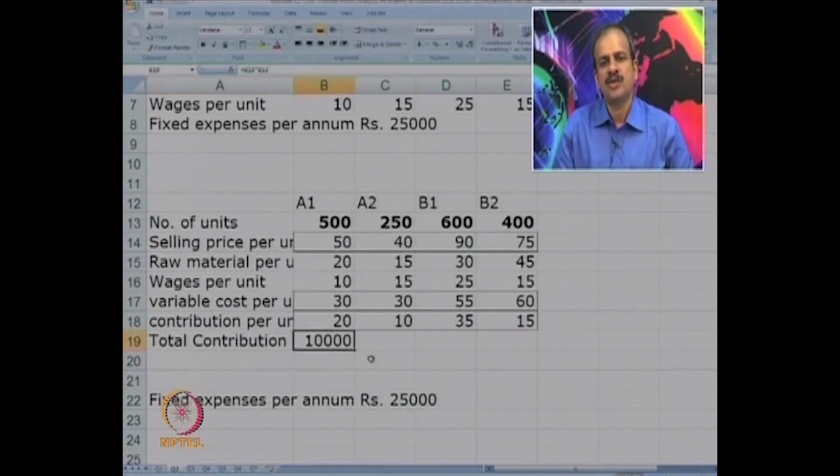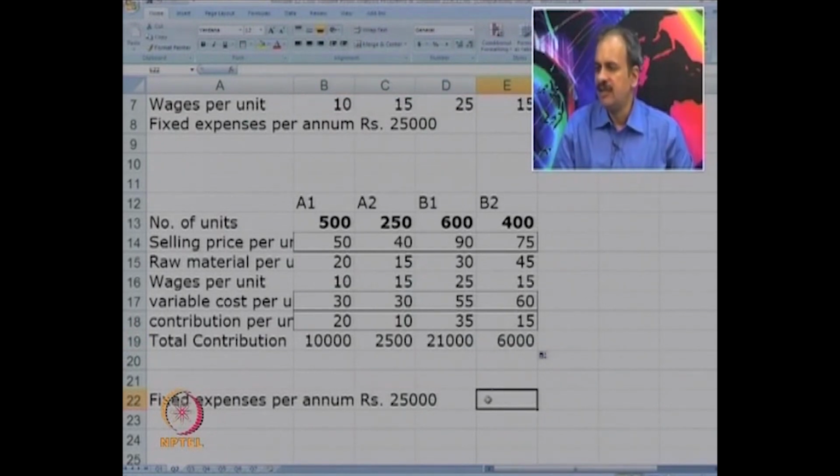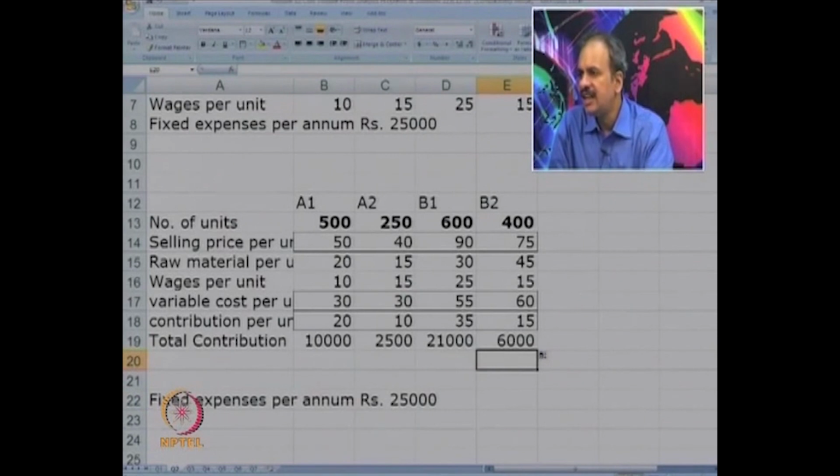Right, 10,000 for A1, and if we apply the same formulas, it will be 2500, 21,000 and 6,000 for A2, B1 and B2 respectively. Now here we can take a sum.